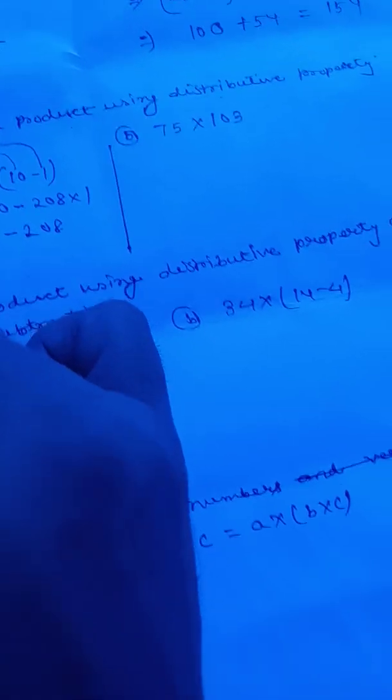Now the question number B of 2, 75 into 108. So we write this number as 75 into (100 plus 8). We just multiply 75 into 100 and 75 into 8.